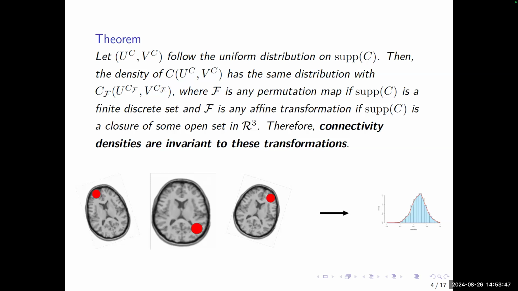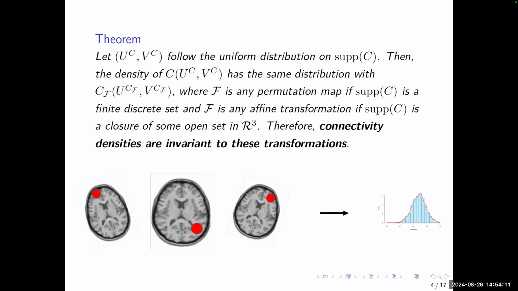One of the theorems we show, the take-home message, is that the connectivity densities are invariant. If we assume exchangeability and use the connectivity density to do the analysis, this is invariant to linear transformations. So if we have a rotation of the brain, we will get the same density function.